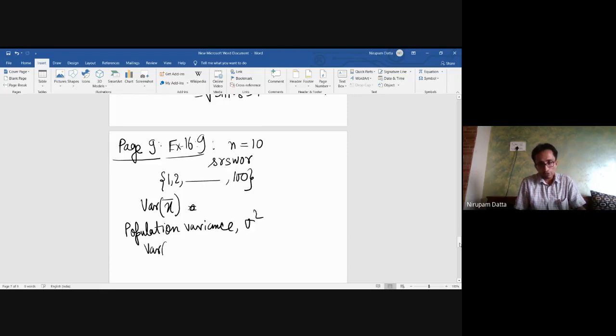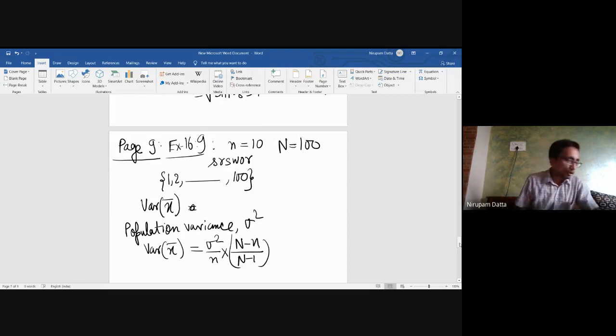Then you have to find the variance of the sample mean, which is nothing but the formula sigma square by n into N minus n by N minus 1. So where N is equal to 100, first 100 natural numbers. Okay. So you find the population variance. So the formula for population variance for first 100 natural numbers is given by this.